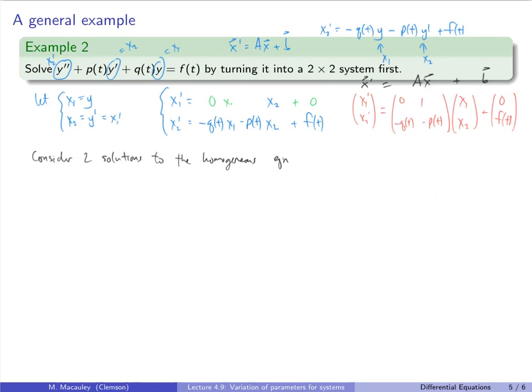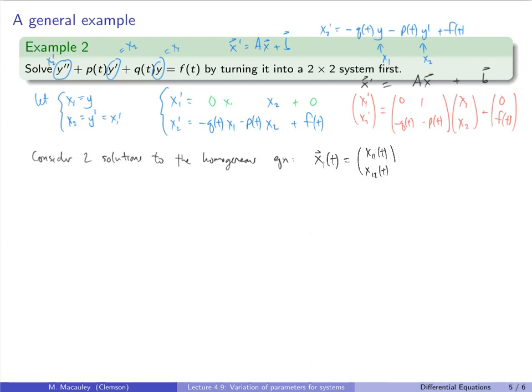So consider two solutions. Let's call one of them x1 of t. So this is going to be a vector of two functions, x11 of t, x12 of t.